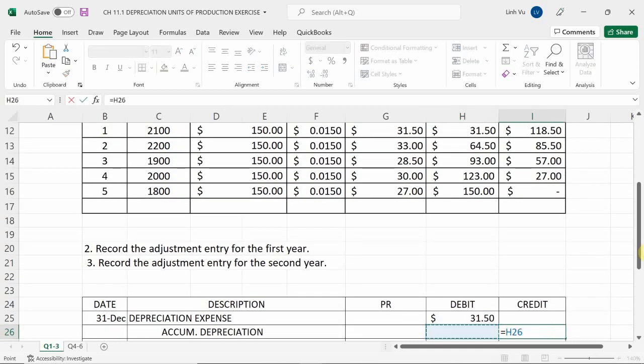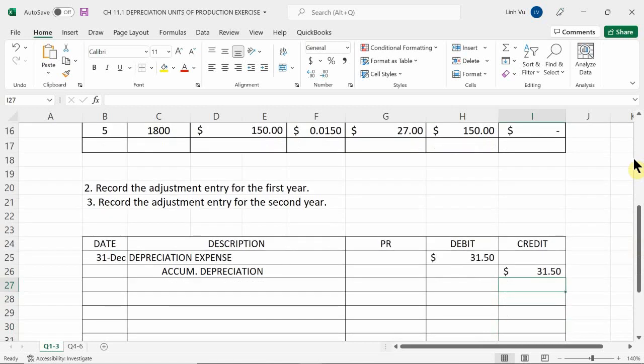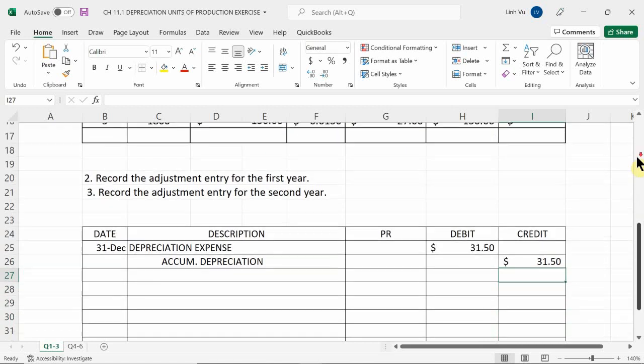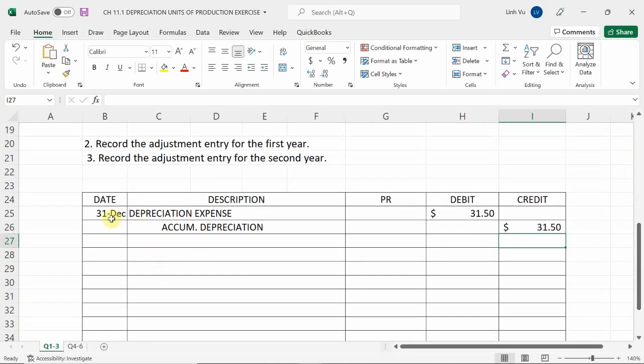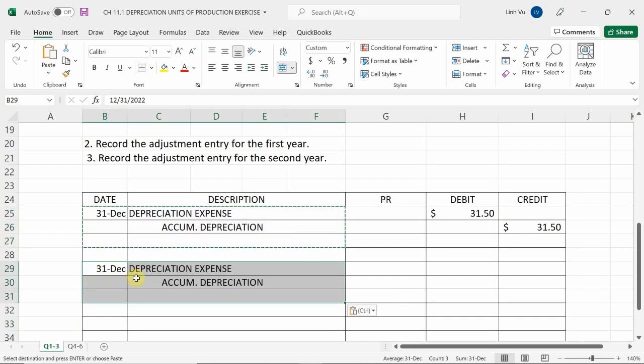Okay, $31.50. Okay. What about the depreciation expense entry for the second year? Right? It's going to be identical.